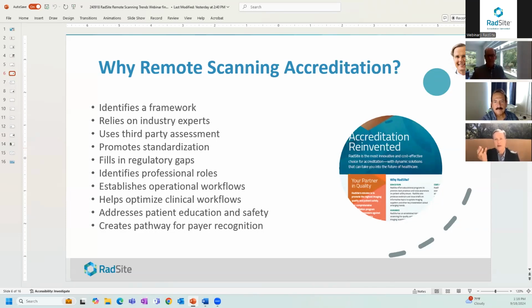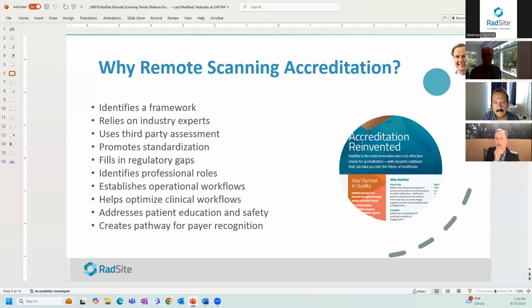When you have standards, you know what to aspire to. And having accreditation gives you a framework or a process within which you can implement remote scanning protocols, taking the best from what other people have done throughout the world, defined by leading industry experts. It really gives you that advantage.